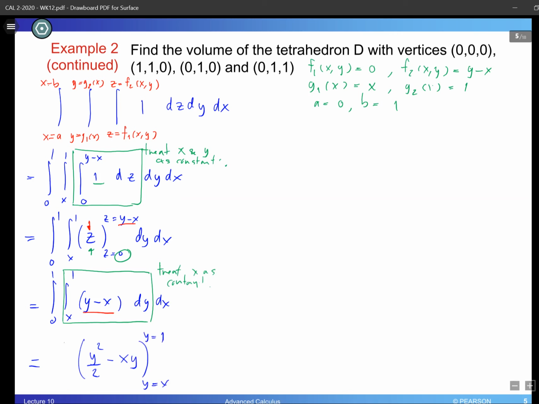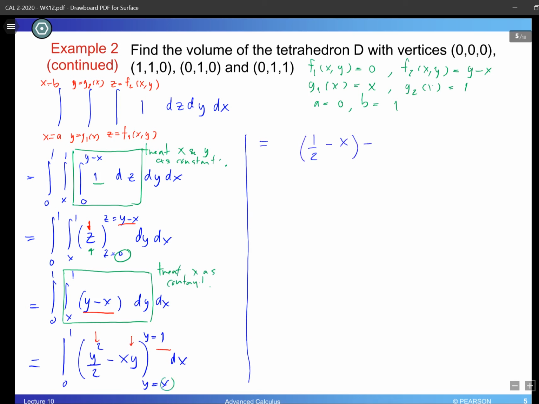Alright, then I need to integrate this one more time from 0 to 1 with respect to x. Okay, so the first value goes in, 1 goes in, I get 1 over 2. And then 1 goes in right here, I get minus x. 1 over 2 minus x, that is the first term, minus the second term.